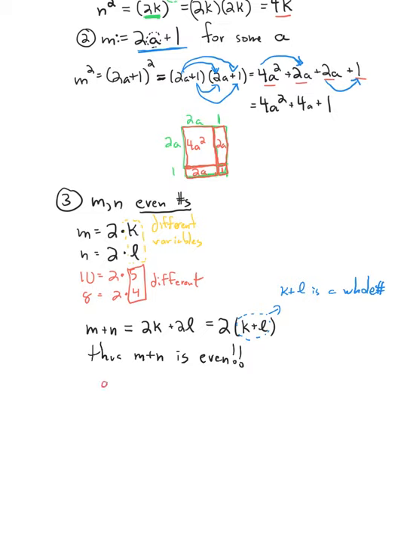So here is going to be m. So m, we said, was 2 times k. So it's k rows of 2 dots each, and that is our number m. So I'll circle m in red, and then I'll do green for n.